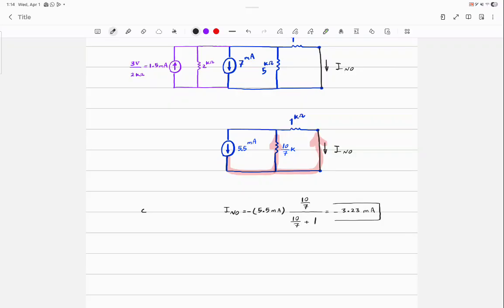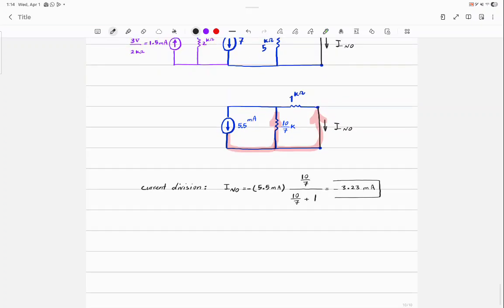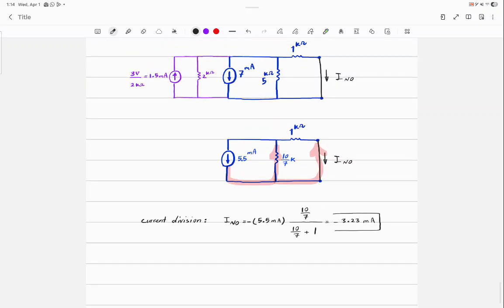And in case you didn't know that, that was current division. Problem? I hope you don't, but do you want me to do nodal and mesh for the last one or no?